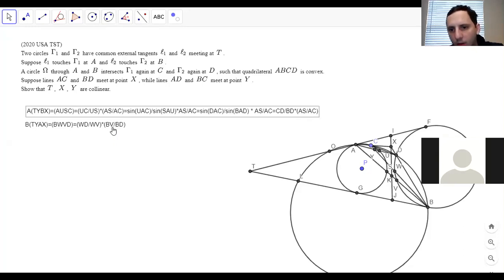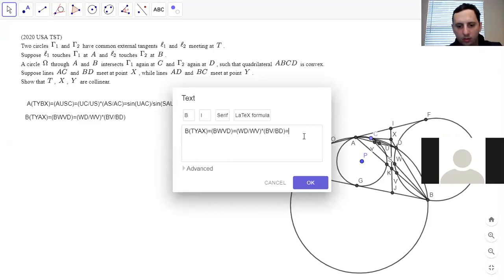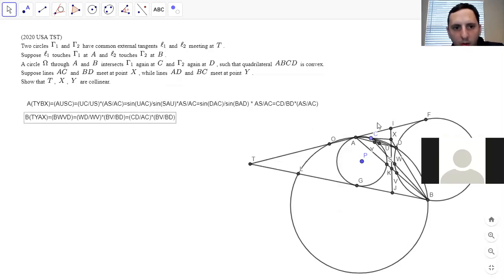And at the end, it will be CD over AC times BV over BD. Then BD over BV, like that? No, BV over BD. Yeah, and if BV is equal to AS, the problem will be solved. Okay, interesting.